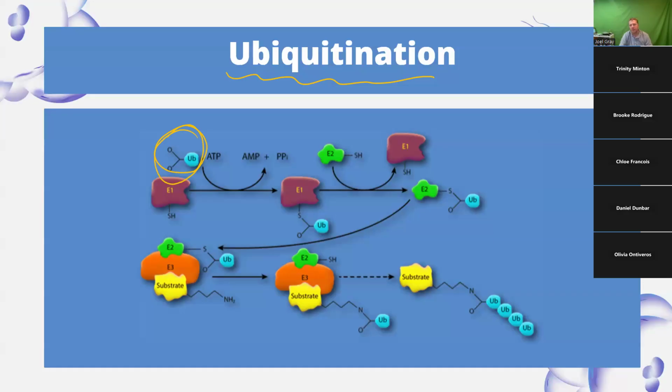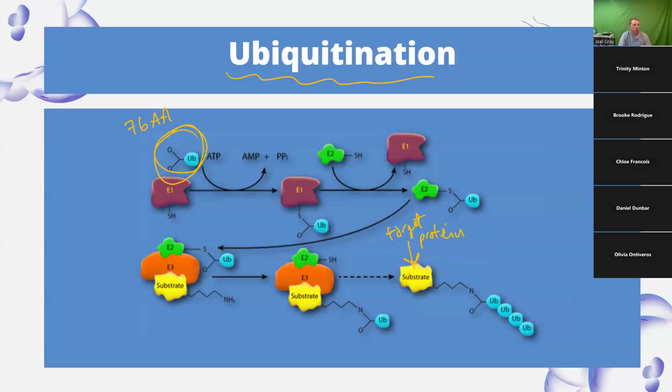This protein is small, I think it's 76 amino acids long. It's a small protein known as ubiquitin. And ubiquitin is added to a target protein to the point where it looks like this. This substrate right here, or target protein, is the one that you want to degrade.